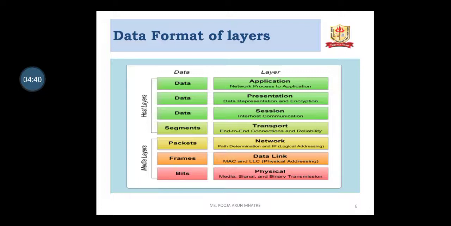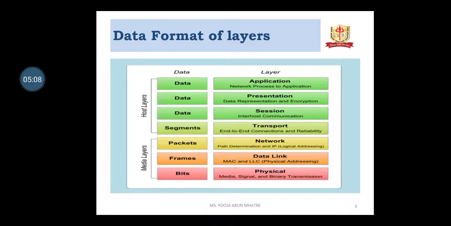So the bits are converted into frames, and the frames carry the MAC and LLC, the physical address. The third layer is the network layer, which does path determination and uses the IP address. So the frames are converted into packets in the network layer.